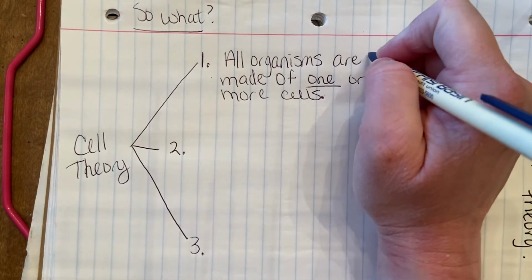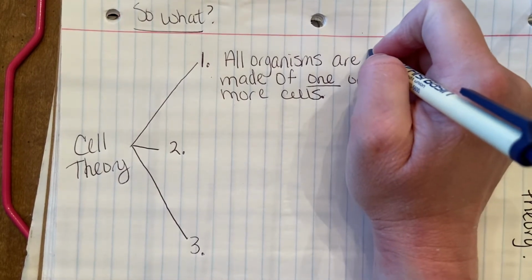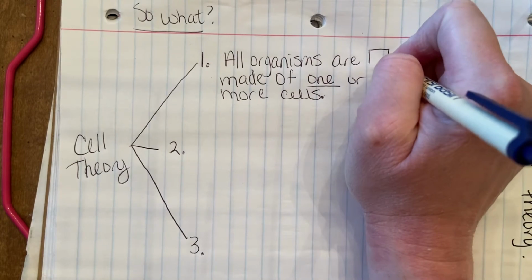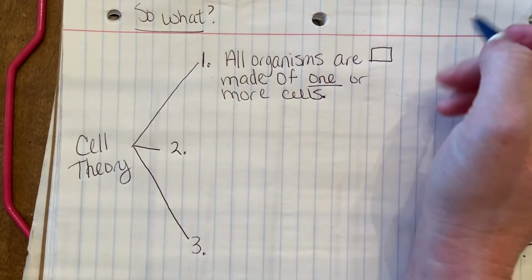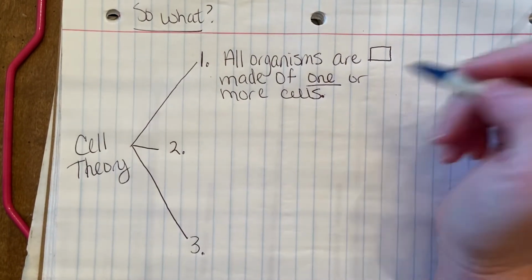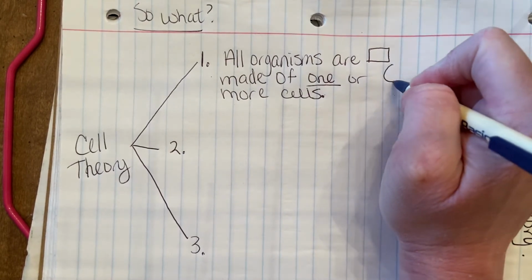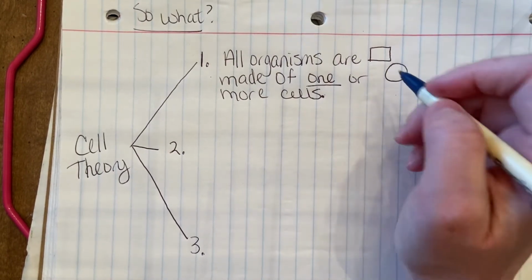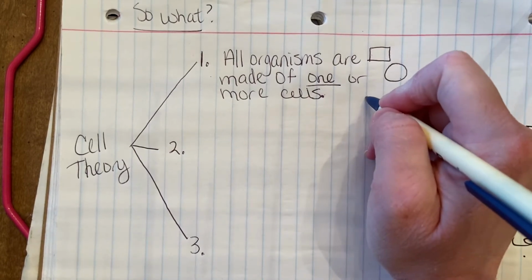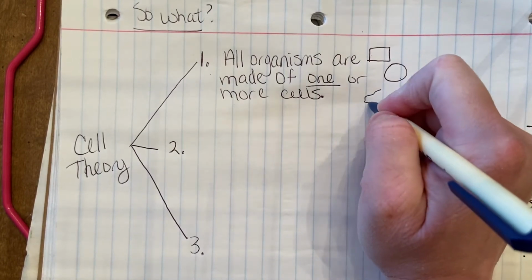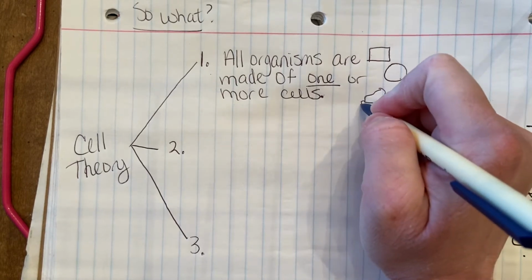Okay, so we can have a plant cell, which we'll talk more about later. Okay, a plant cell. I'm going to draw these pictures. We can have an animal cell. These are eukaryotic cells, or we can have a bacteria cell, which is a single cell organism.